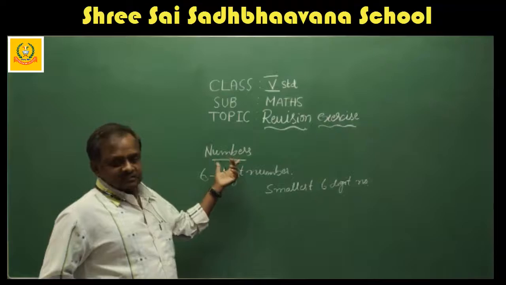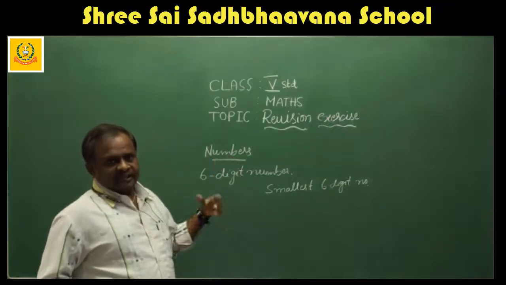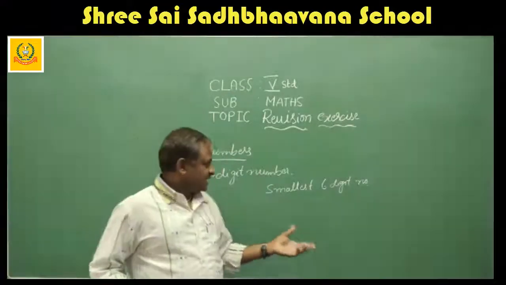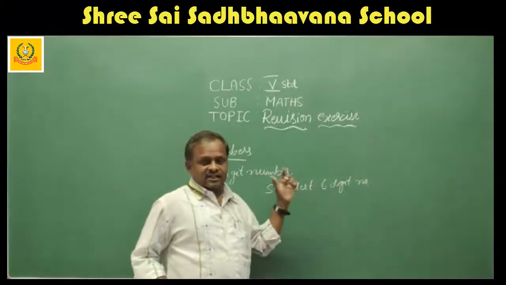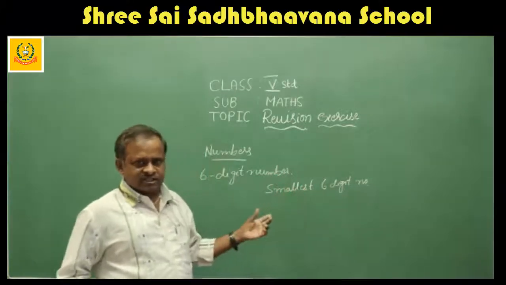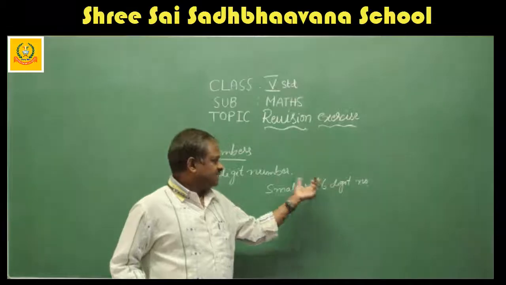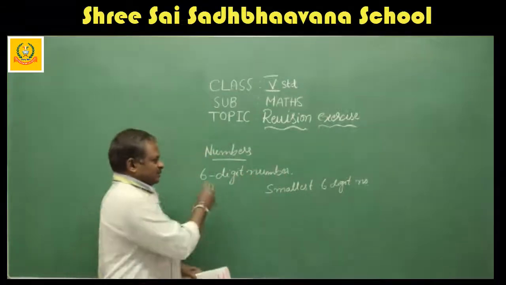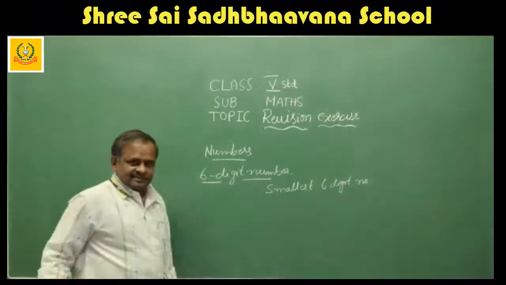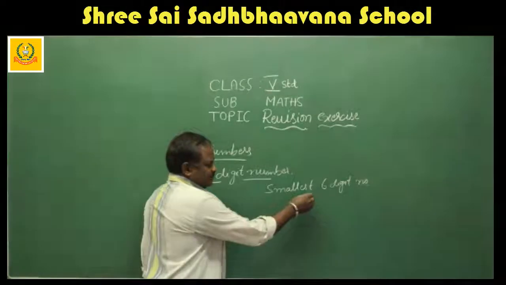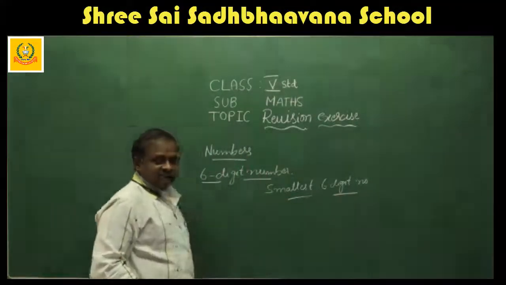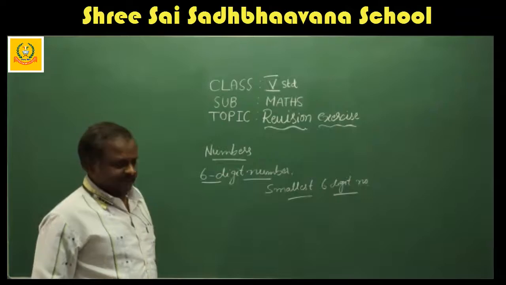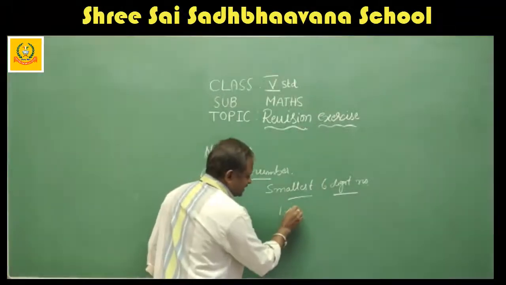You know very well, math means numbers only. Here we are dealing with the numbers. In the last 4th standard, you learned up to 6 digit numbers. Now tell me, what is the smallest 6 digit number?